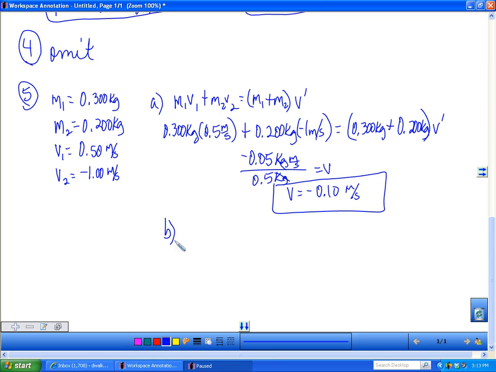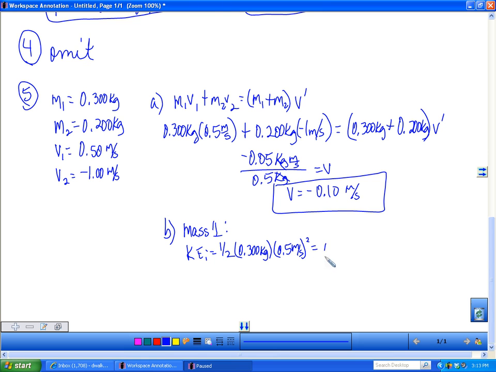And then B says, what was the kinetic energy of each block before and after? So I'm going to do mass 1. KE initial is 1/2 times 0.300 times 0.5. Don't forget to square that.